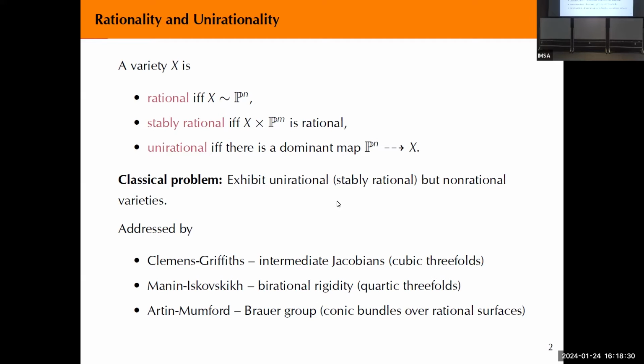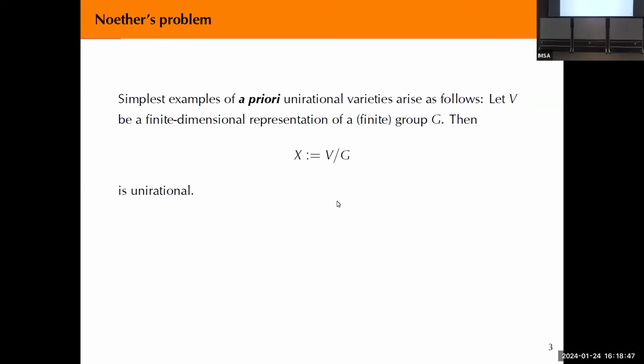And then Artin and Mumford examples: you look at conic bundles over P2. If the discriminant is not too large, they're unirational, but they produced in these ranges non-rational varieties using the Brauer group. So this was in the early 70s.